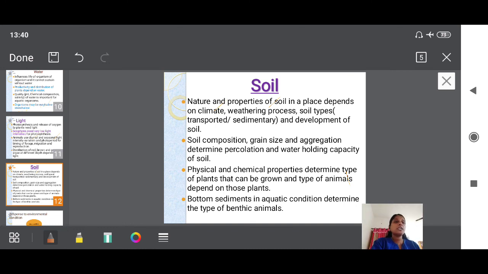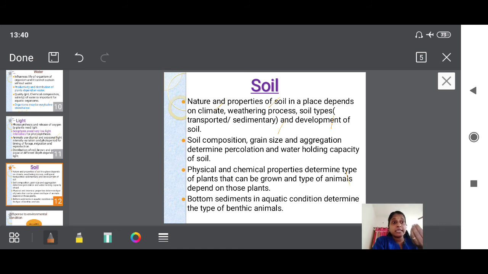Okay, so nature and property of soil in a place depends on climate, weathering process, soil type and development of soil. Second is that soil composition, grain size, aggregation determine percolation and water holding capacity. Soil composition, as if it is sandy soil, what will happen, the water can easily percolate, because they will not be tightly attached with one another.